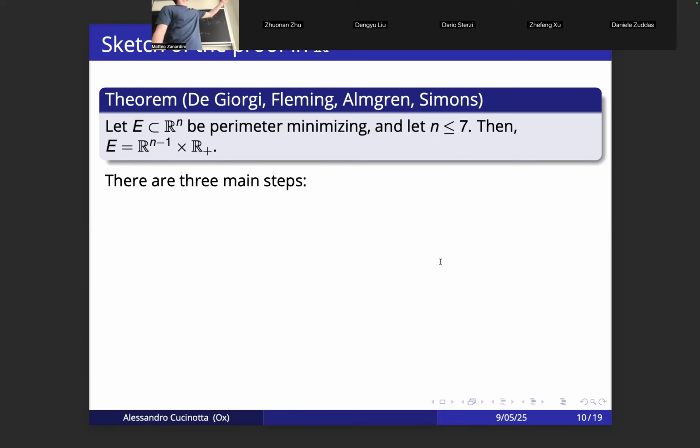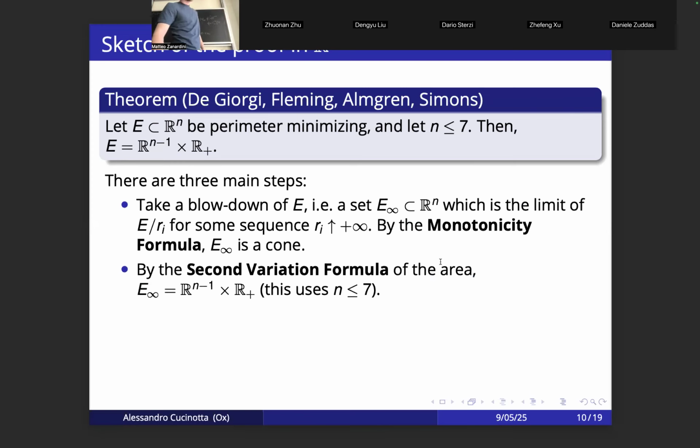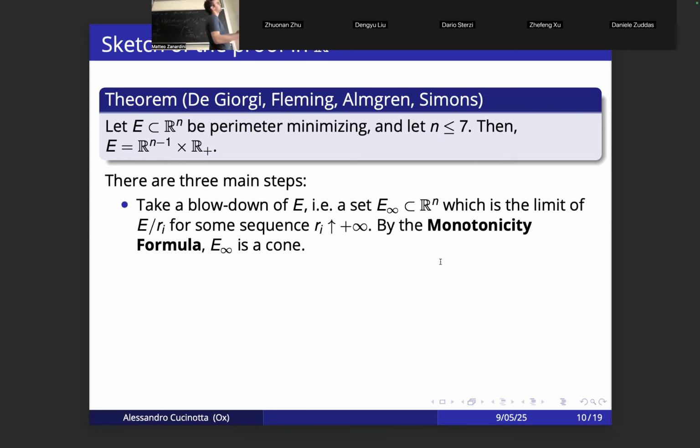So we have a perimeter minimizing set in R^n, and we want to show that it is a half space. There are 3 steps. The first step: we take rescalings of our perimeter minimizing set, which means we take E over R_i for some sequence R_i going to plus infinity. These rescaled sets are all perimeter minimizers.